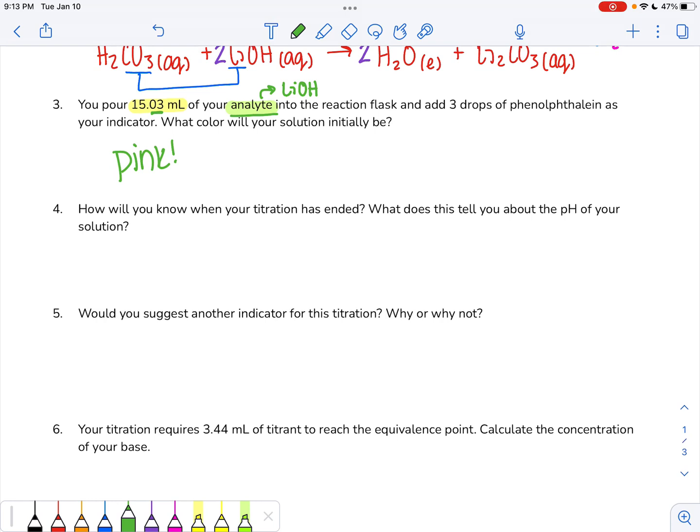Perhaps universal indicator, right? If you're starting out as basic, you're in that purple or purple and blue range. As you head to more neutral, you start turning to green, and then when you start getting into the acidic range, you're going into your oranges and your reds. So if you used universal indicator, going backwards wouldn't be as big of a problem because you can indicate different pHs by different color changes.